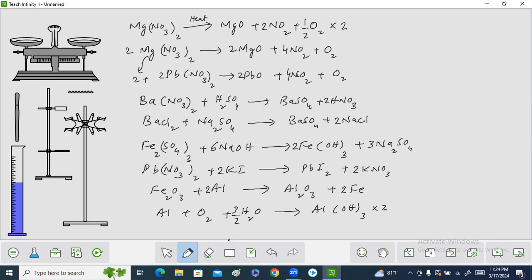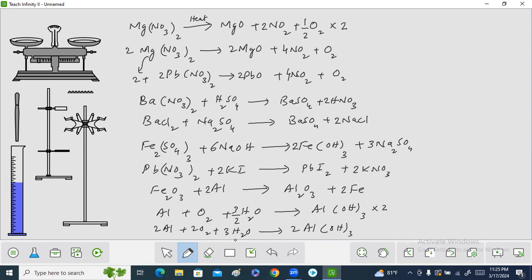So this is 2Al plus 3O2 plus 3H2O, and then 2Al(OH)3. Now let's check whether this equation is balanced or not. There are two aluminium, 3 times 2, 6 hydrogen, and then 3 times 2, 6 hydrogen, 2 times 2, 4, 4 plus 3, 7 oxygen.